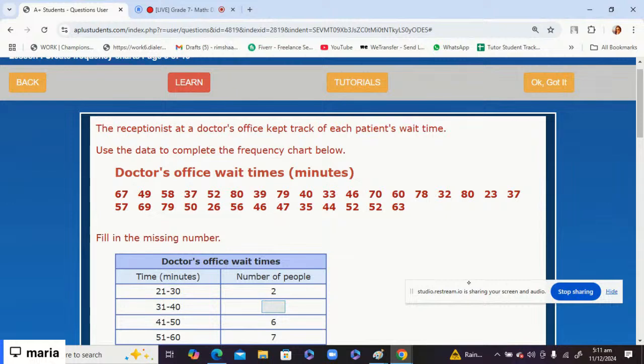When I count it, 6. I don't know how it's 7. Oh, sorry, it's 40. That is the 7th one. Okay.